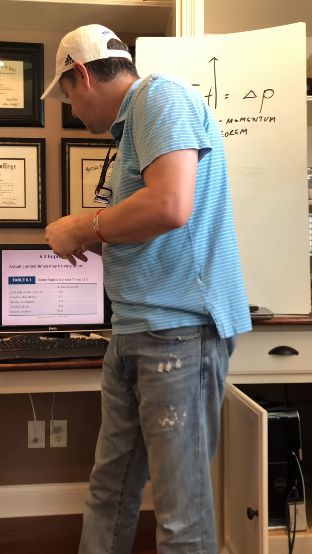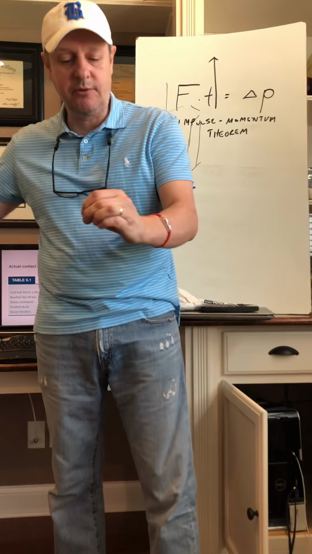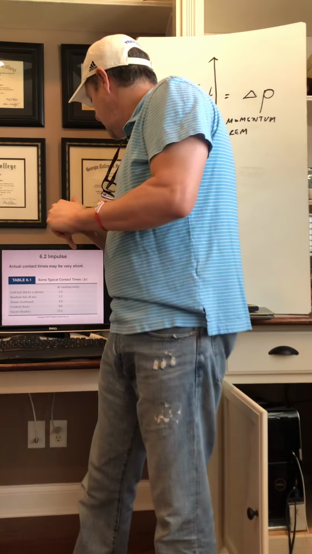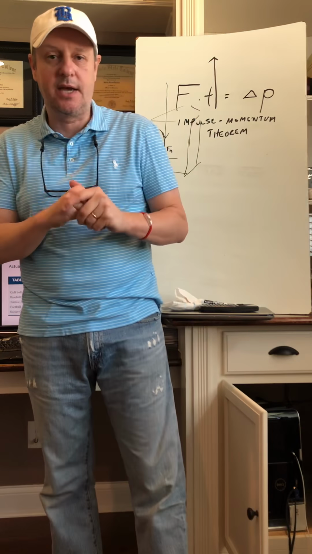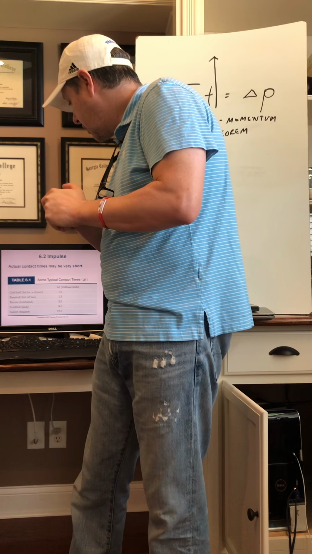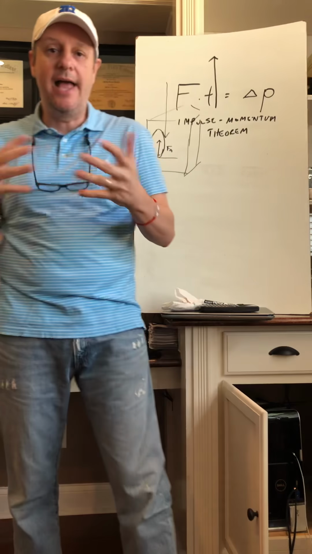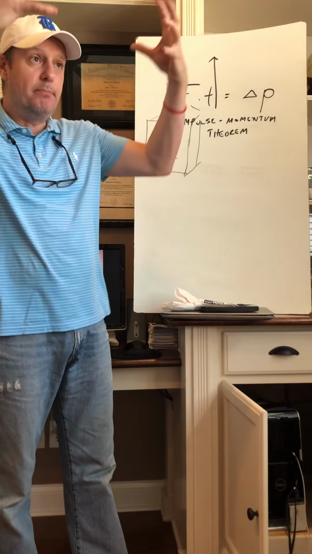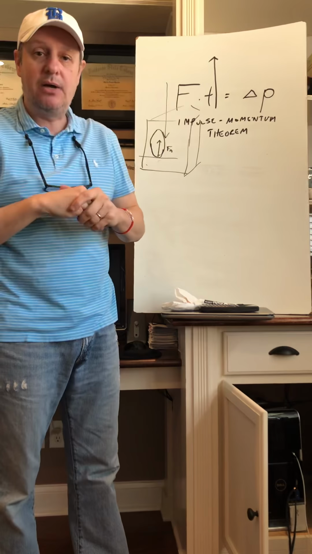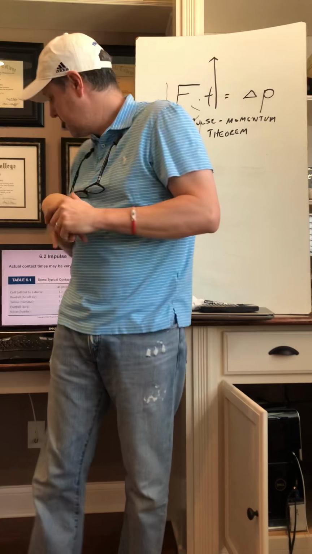It says a baseball hit off of a tee. If you're hitting a baseball off of a tee, the ball's on the bat for about 1.3 milliseconds. Soccer, it says a header. If you're heading a soccer ball, then the ball is on your head for about 2.23 milliseconds.